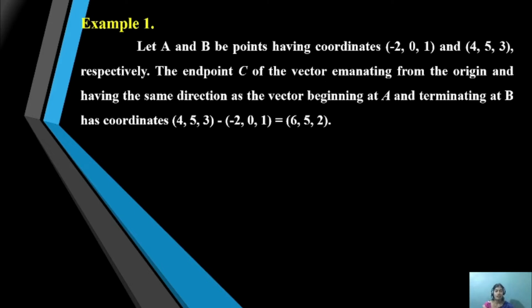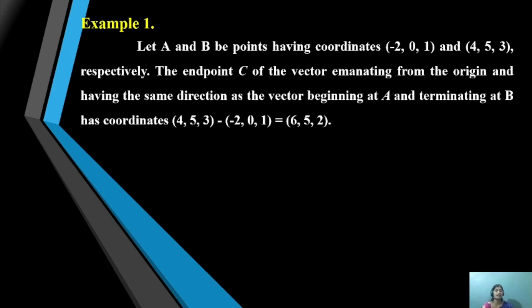Respectively means A and B are considered point-wise. The endpoint C of a vector emanating from the origin and having the same direction as the vector beginning at A and terminating at B has coordinates 4, 5, 3 minus -2, 0, 1, which is 6, 5, 2.